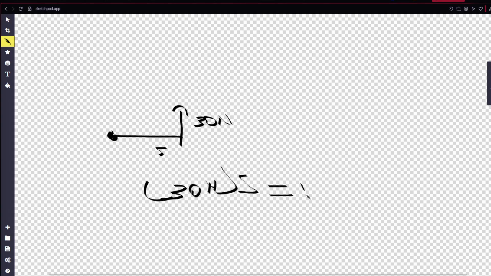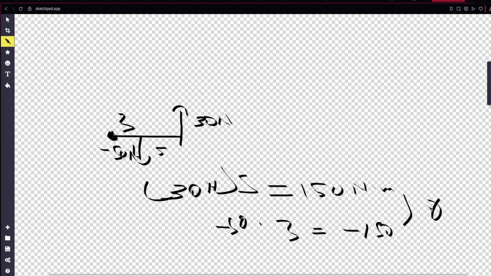That's just going to be 150 Newton meters, which again, it's not work, it's not joules. And we'll say that there's a 50 Newton force, a negative, obviously, at a distance of 3 away. That becomes negative 150. Summing this up, it becomes 0.